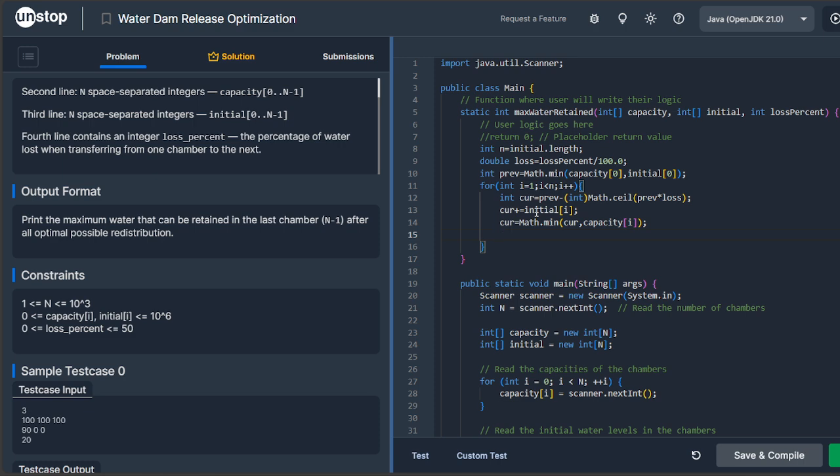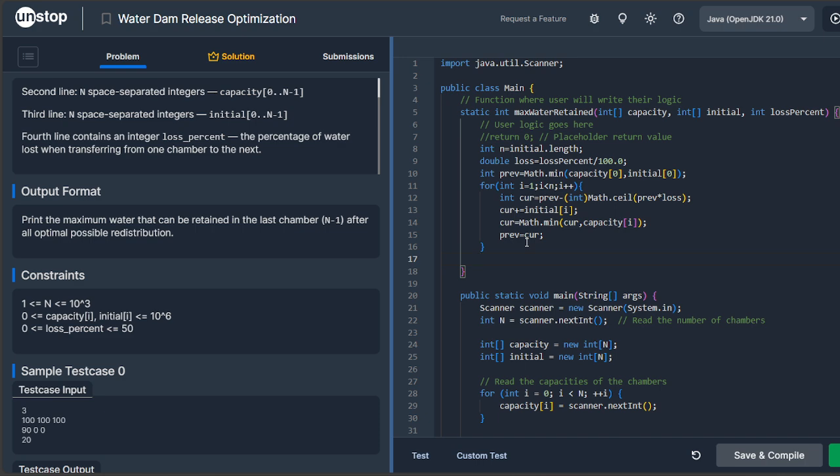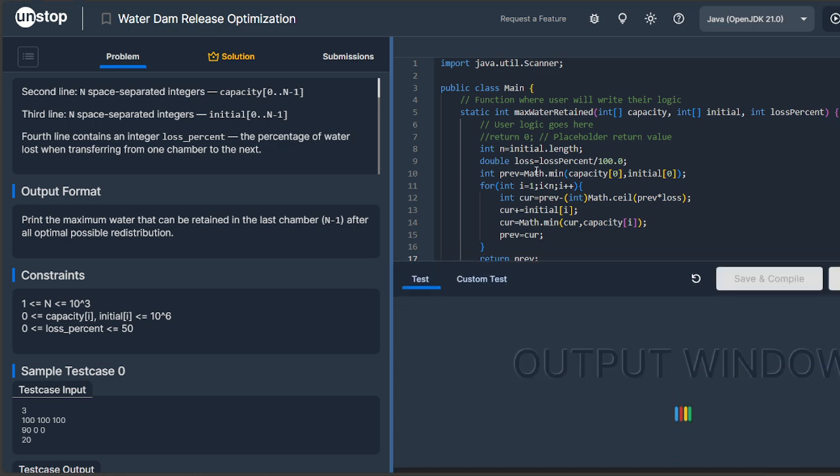Then reduce my previous minus. Okay, completed. Previous is equal to curr, and just return previous. I think it's done. Let's try to compile.